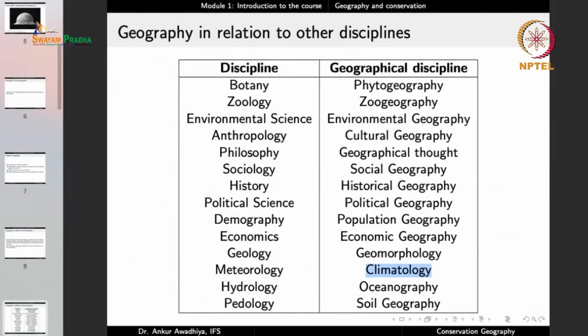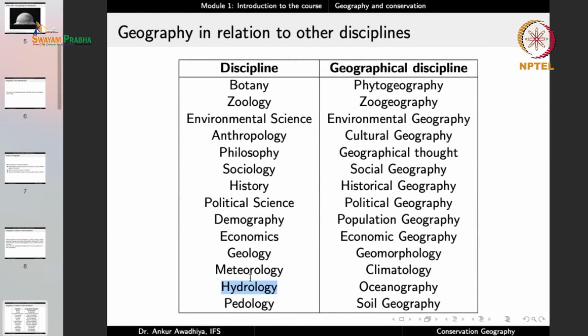Where is a particular kind of climate found? So for example, if we take the Mediterranean climate, it will ask the question, which are the places or where do we have the Mediterranean type of climate? And the third question is, why do we have a Mediterranean type of climate in these locations? So that is the science of climatology.